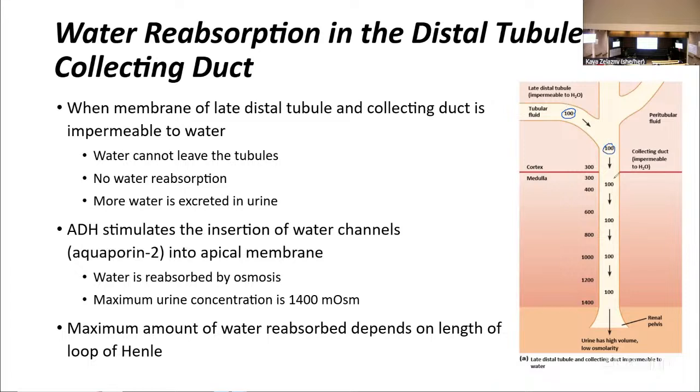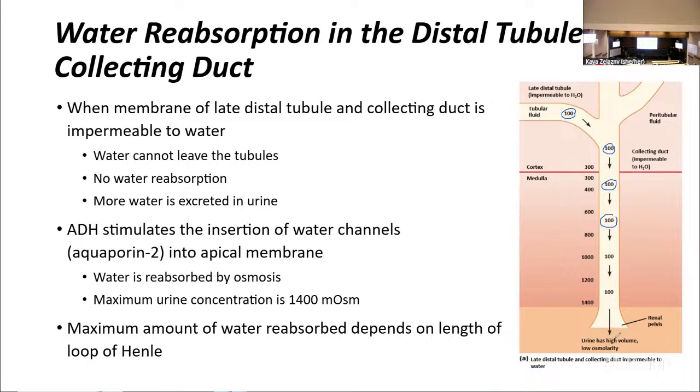As it moves forward, still 100, still 100, still 100, comes out, and your urine is going to have this really low osmolarity, right? So the low osmolarity is going to mean not very much solute, lots of water, right? So low numbers of osmolarity means lots of water, not much solute.